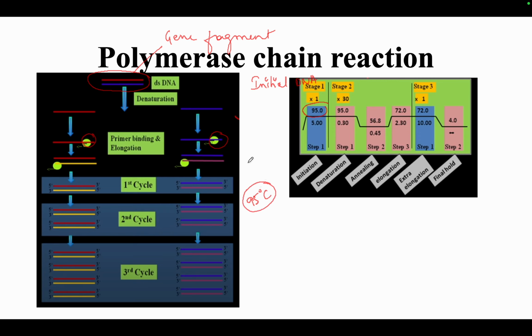This initiation is generally known as hot start, because of the very high temperature. Denaturing temperatures are generally 94 to 96 degrees Celsius. At this temperature almost all the duplex DNA will be converted to single stranded DNA, as shown here.